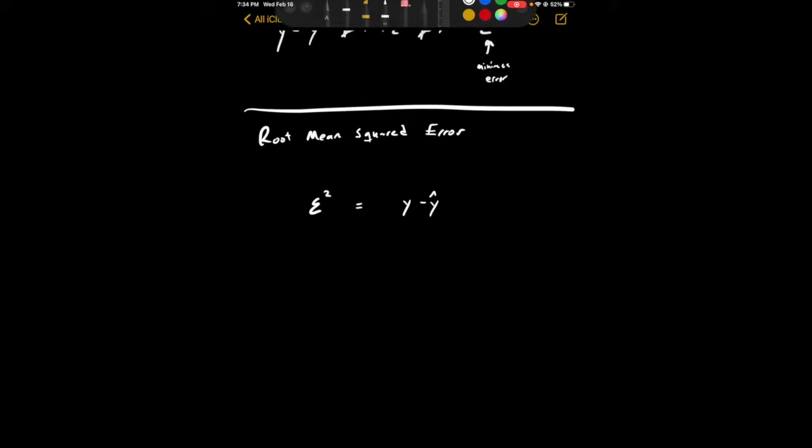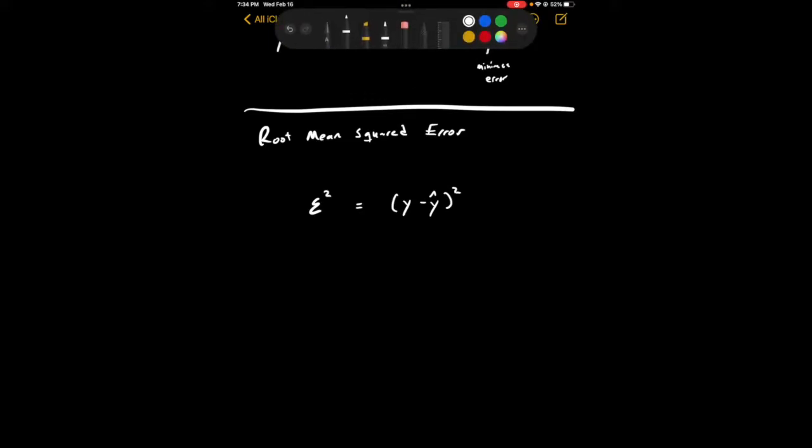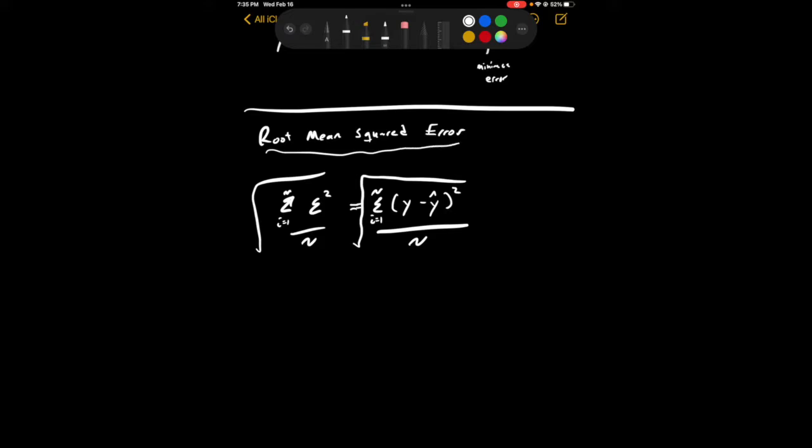And we're going to square them to make them positive. And we're going to get the mean by summing it all up and dividing by the number of observations. And then we'll take the square root, and the square root, all it does is return the error, or the average error, the root mean squared error here, back to the same scale as the y values.